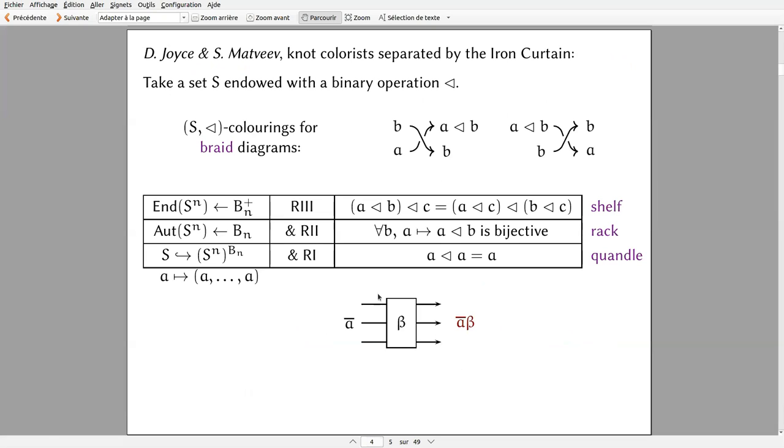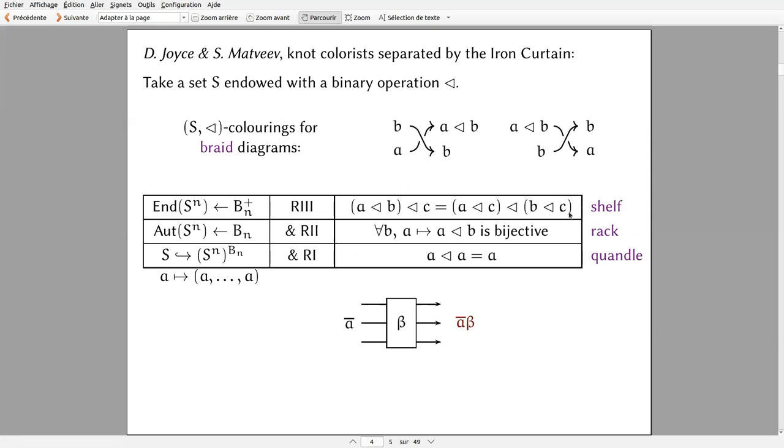In a similar way, you can translate the Reidemeister 2 move to this algebraic language. It will tell you that all the right translations should be bijective. And the Reidemeister 1 move is translated by saying that all elements should be idempotent with respect to your new operation. So we're talking about a shelf when we have a set with a binary operation satisfying only this self-distributivity axiom.